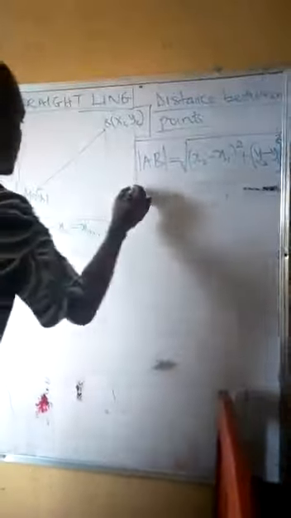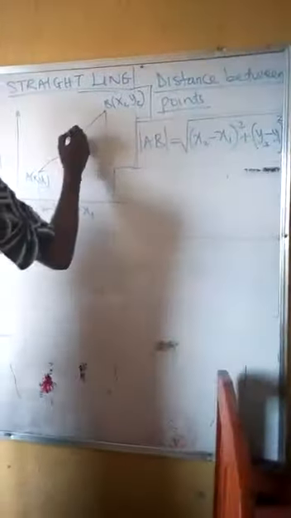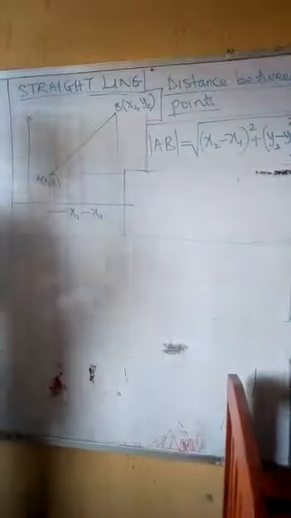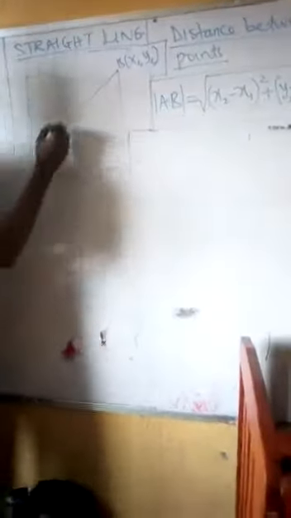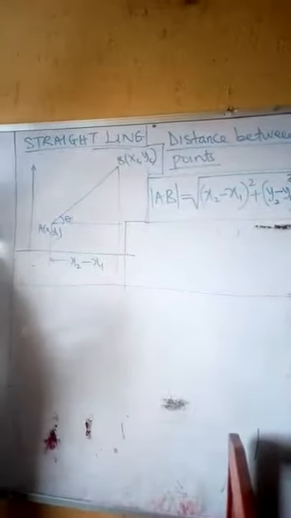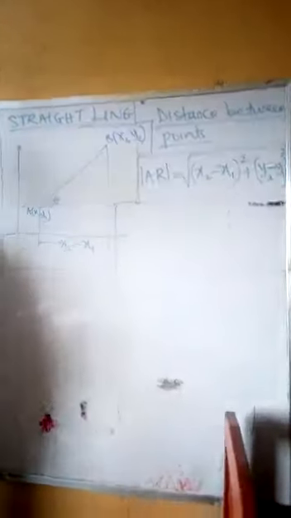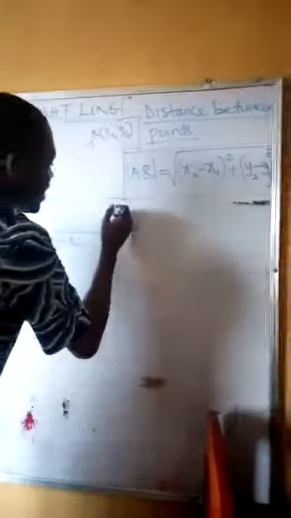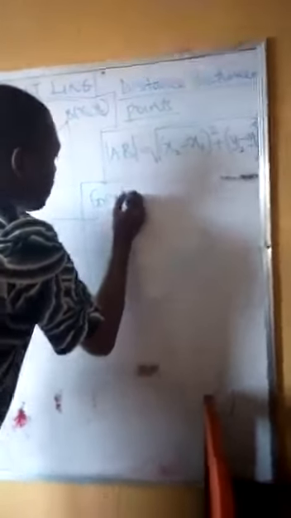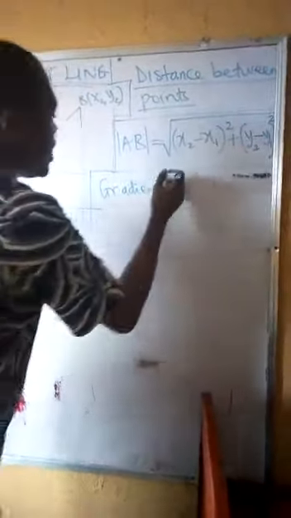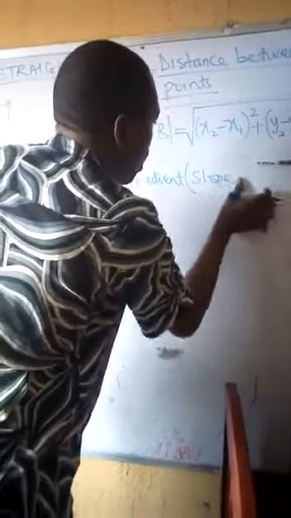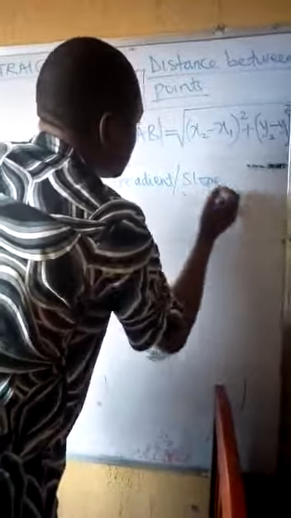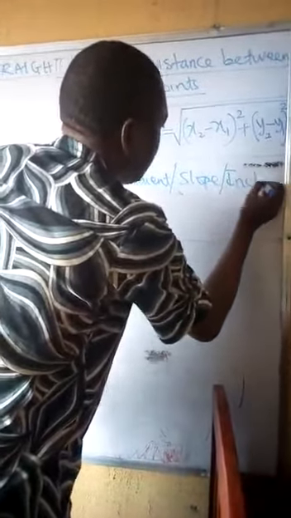Then, we also like to know the inclination of this line. How steep or gentle is the line? This can be determined by what we call the gradient, slope, or inclination of a line.